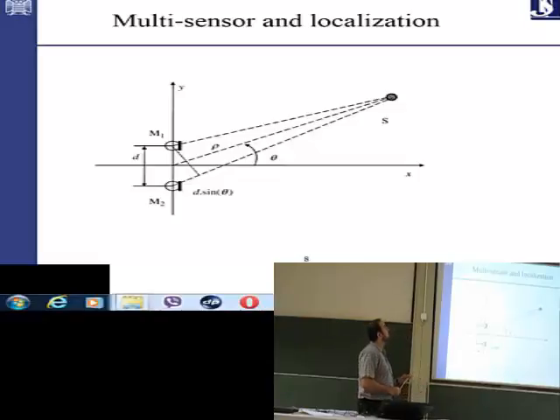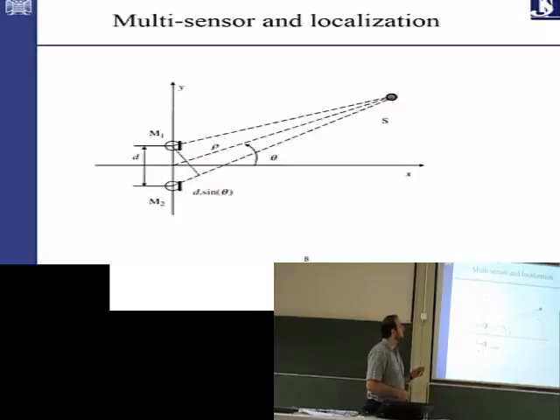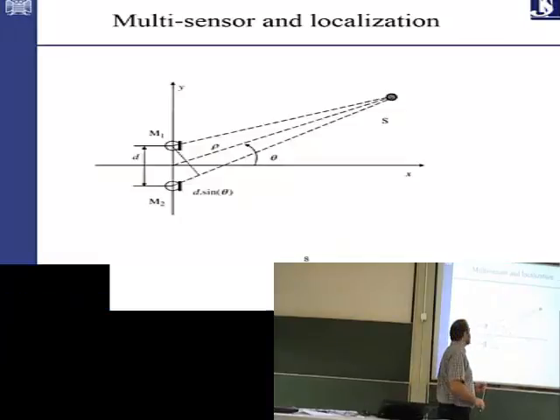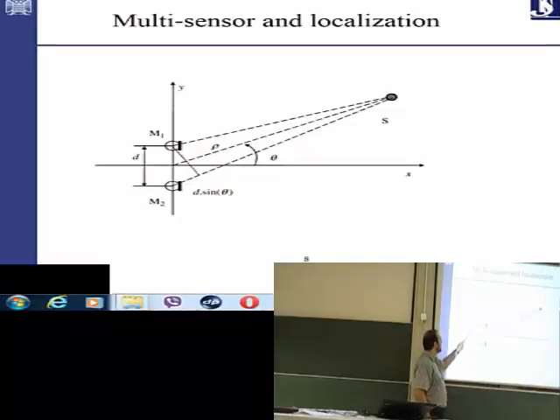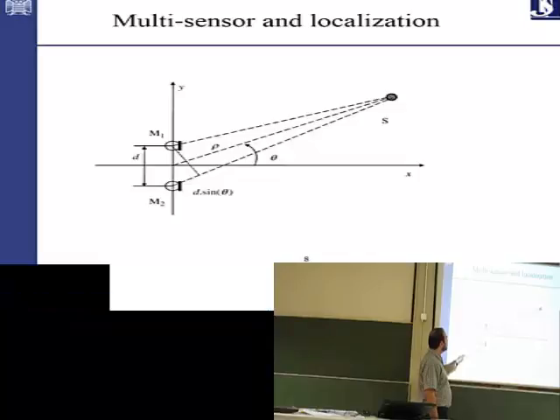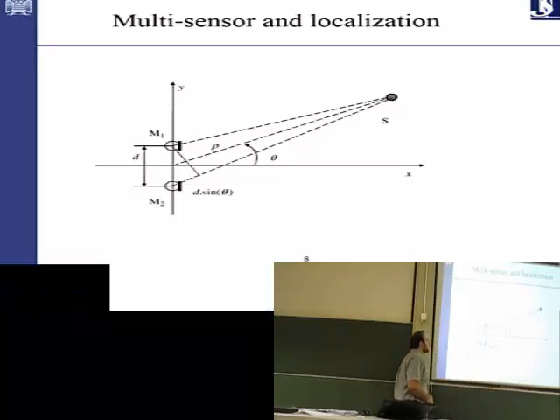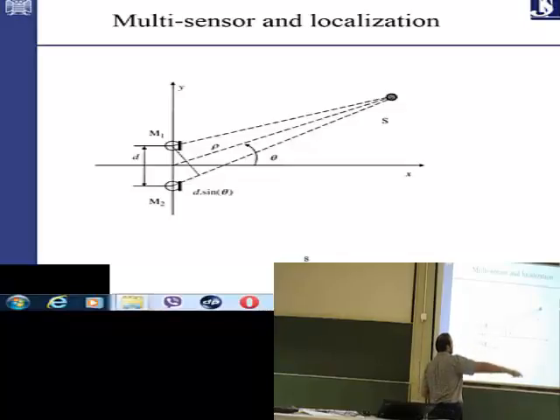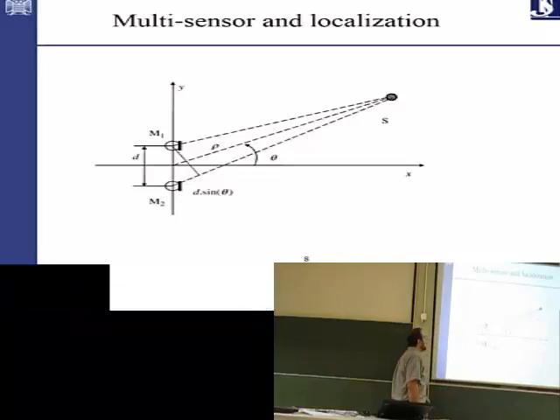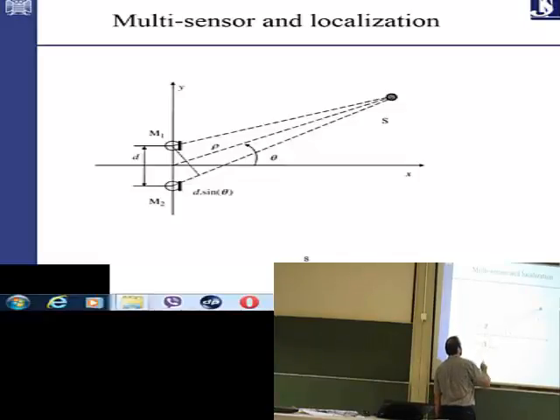The story of the microphone array: we start with the simplest case, which is just two microphones, M1 and M2, and we put the origin in the middle of the line which connects these two microphones. So if we have a point source here, somewhere far away, called S, then in this Cartesian coordinate system, we have different distances for these two microphones.